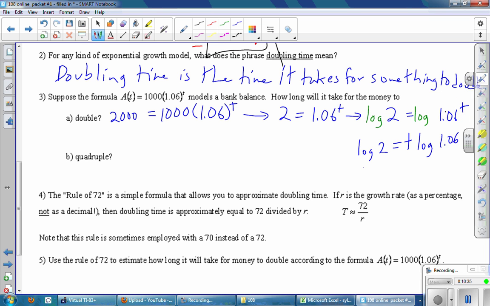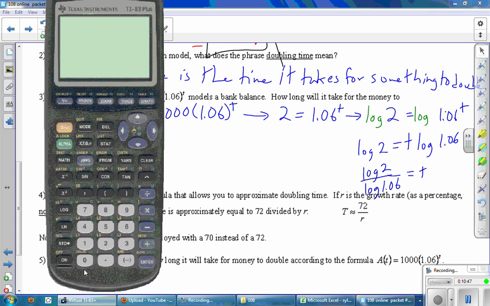And so we take both sides and divide by log of 1.06, and we get t. So we'll type this into the calculator, get our approximation for how long it's going to take for our money to double. So a little under 12 years. We'll say 11.896.